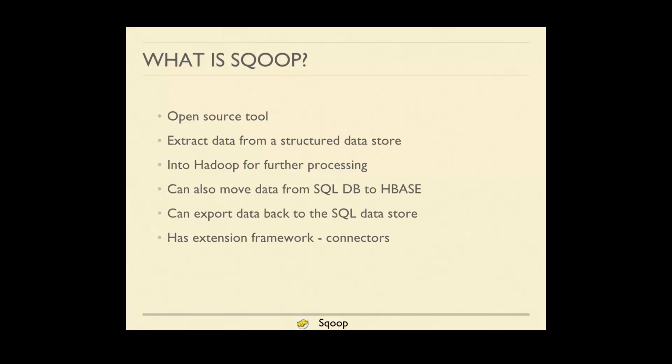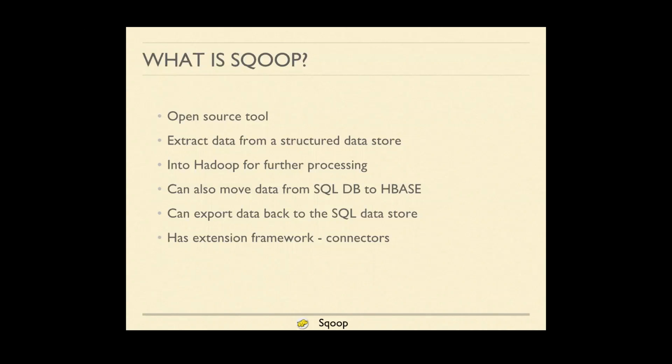So how many mappers would there be by default, if you don't specify? By default, there would be zero mappers because the input file is not there, and therefore Scoop internally keeps it at one. Thank you, Manjunath. So Scoop internally sets one as the default number of mappers, and you can change the number of mappers while using Scoop.